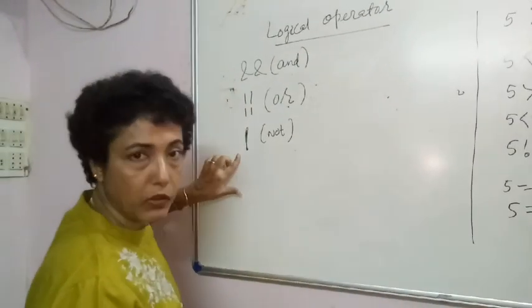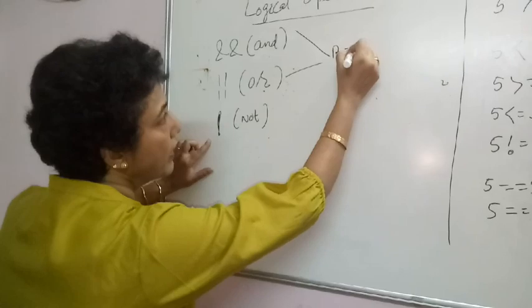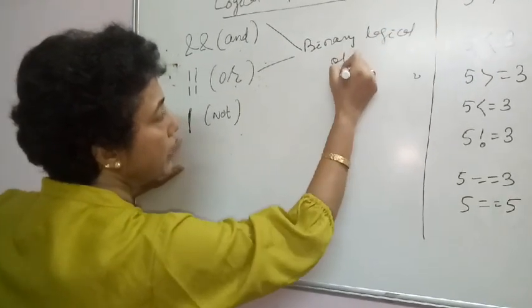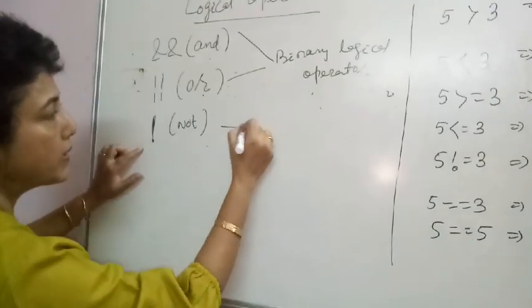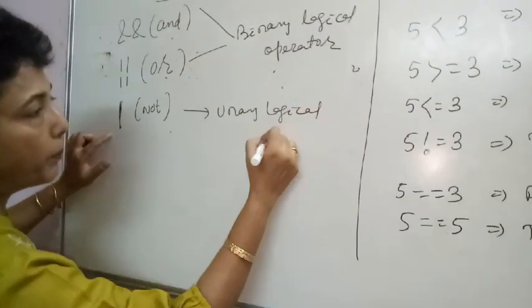Out of these 3 logical operators, these 2 are binary logical operators, and this is your unary logical operator.